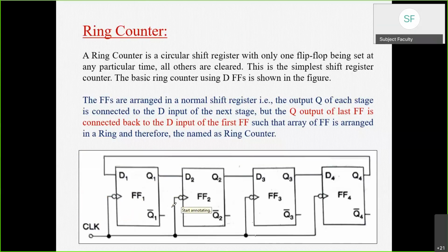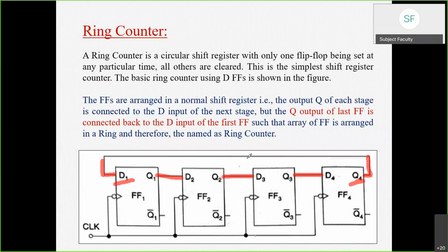So now if you observe, 4 flip-flops have been used. All are D flip-flops, and in this arrangement the output of the first flip-flop is the input to the second, the output of the second is given as the input to the third, and the output of the third is given as the input to the fourth. And finally a feedback path is provided, connecting the output of the last flip-flop to the input of the first flip-flop.